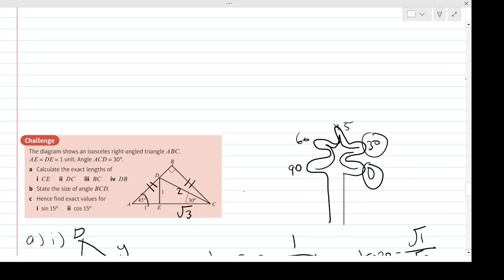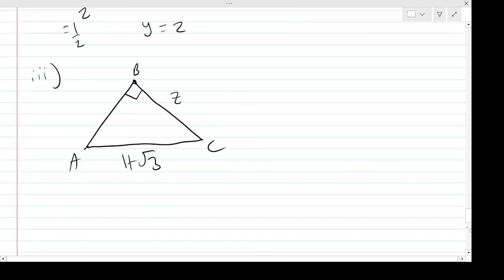So 45 there. This would also have to be 45 as well, because then the other angle's 90. So therefore, the angle at C and the angle at A have to be 45. Because it's isosceles, right? Because then that side is equal to that side. But this side's also going to be z then, isn't it?